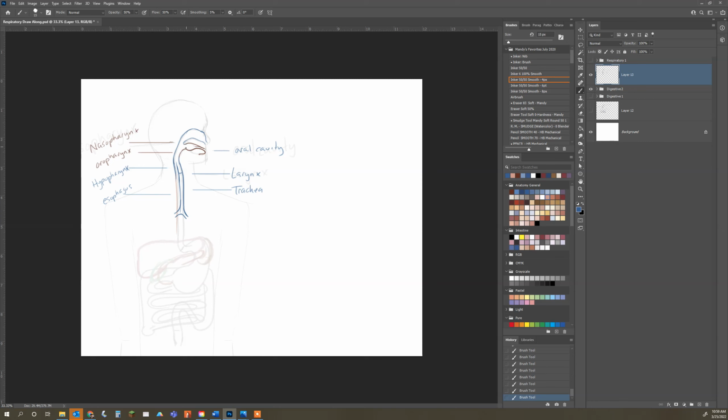You have another thing up here called the epiglottis, and the epiglottis is this flap right here. It's a really cool looking piece of anatomy. If you look at it from the back view, it almost looks like a leaf.